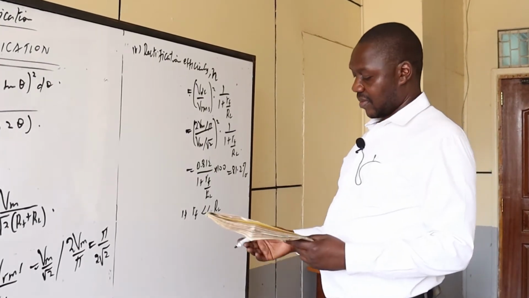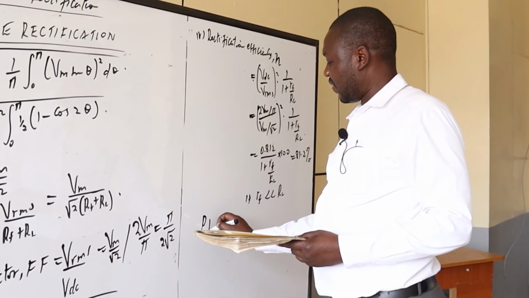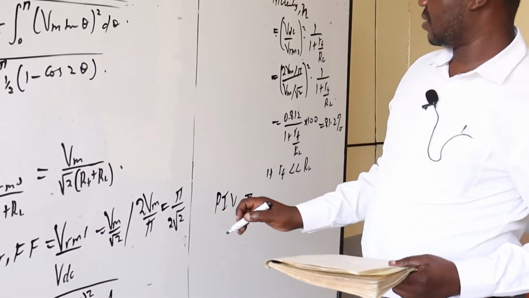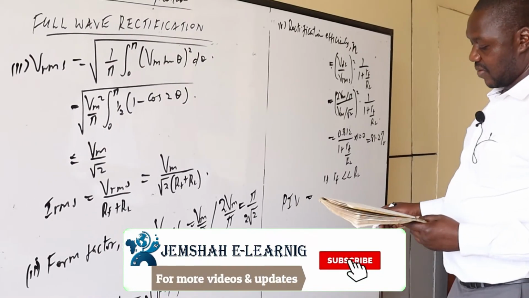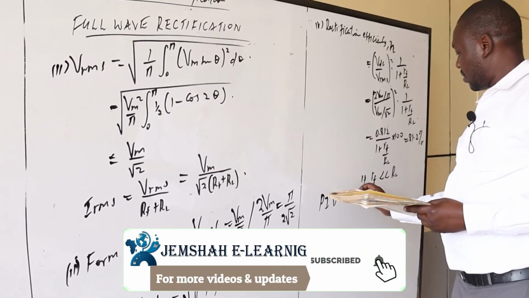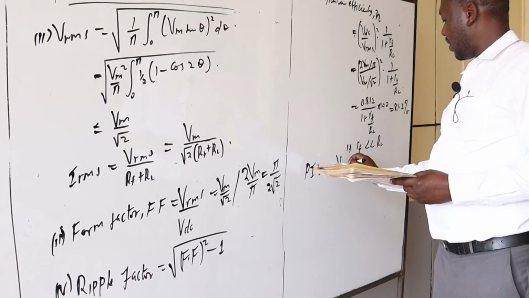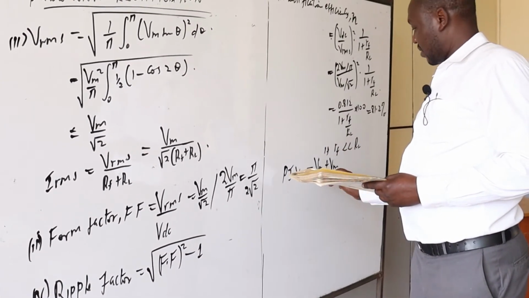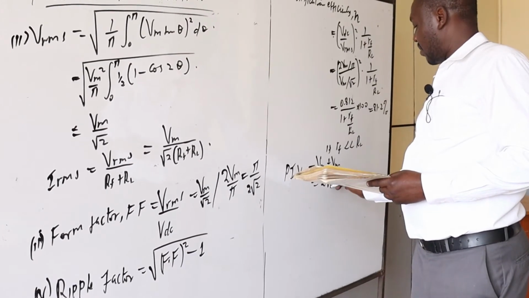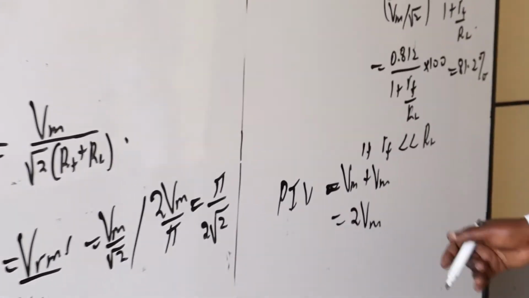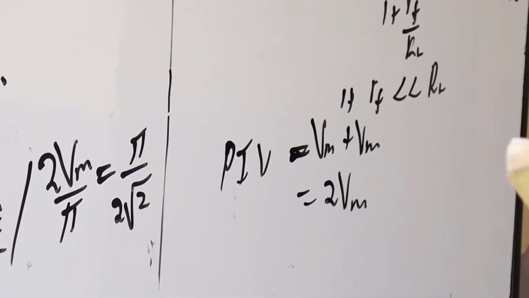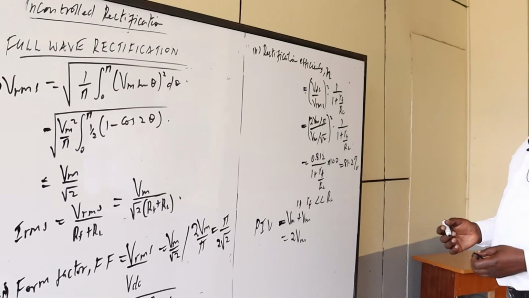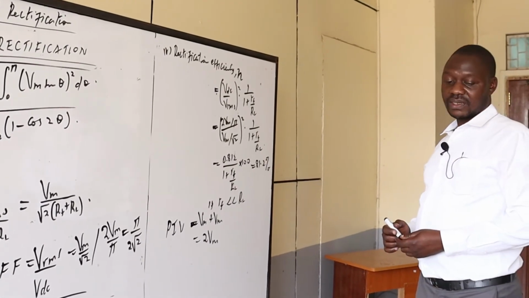The peak inverse voltage is normally these two voltages, V1 plus V2, which are our VM, so VM plus VM, which is 2 VM. So that's all about the center tap or the biphase.